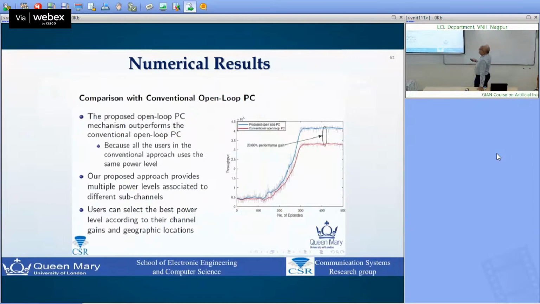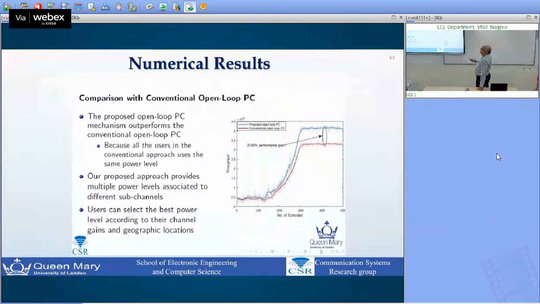In the proposed one, because if you take the conventional one, we use the same power level, here we have different power levels.